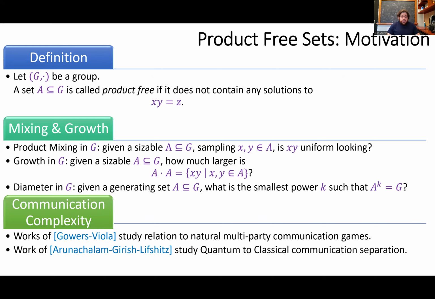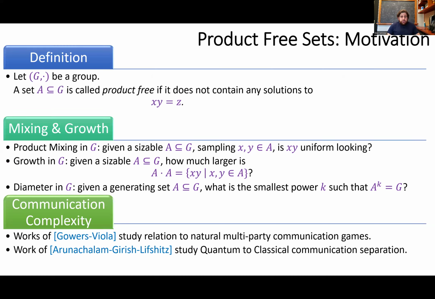So these questions and other notions that are related to them can be seen in communication complexity, for example. So there is the work of Gowers and Viola that studies a very nice and natural multi-party communication game that is based on products in groups, and they show relations between product mixing and product freeness to the communication complexity of the players in this game.